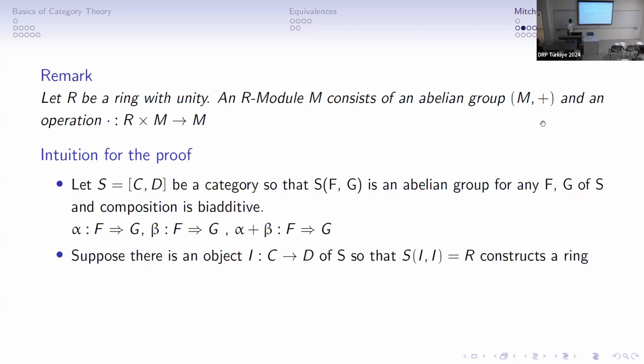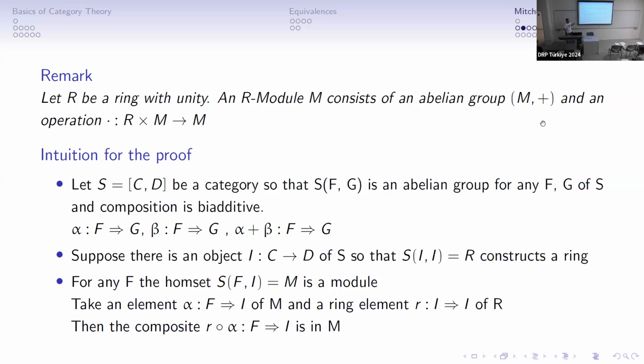And we suppose that there is an object I, which is a functor from C to D, so that the natural transformations from I to I construct a ring R. And then we have that for any functor, this hom set is a module.